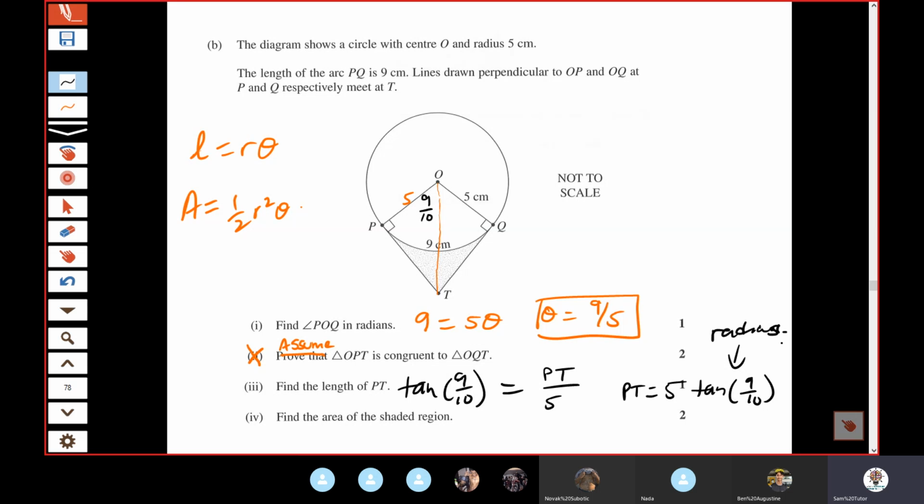So, if I'm not wrong, times by 5, the length is really small. I got 6.3. Is it really low? Did I put it wrong? Hold on. You literally typed the same thing, show me. Well, you didn't put it in radians.